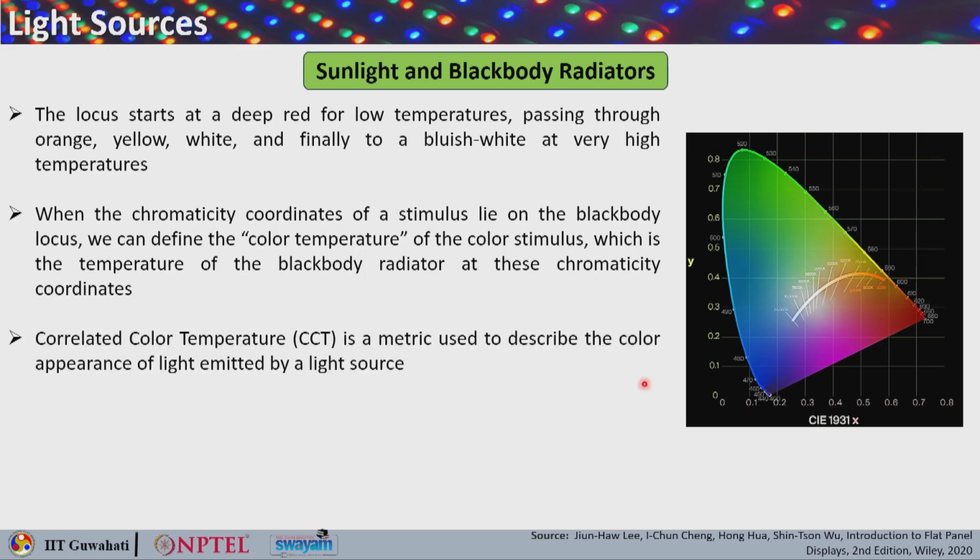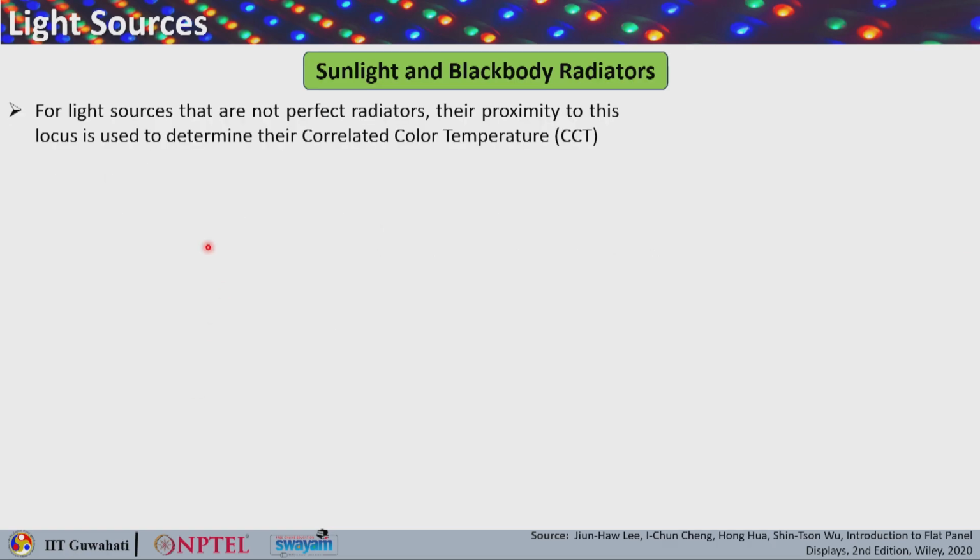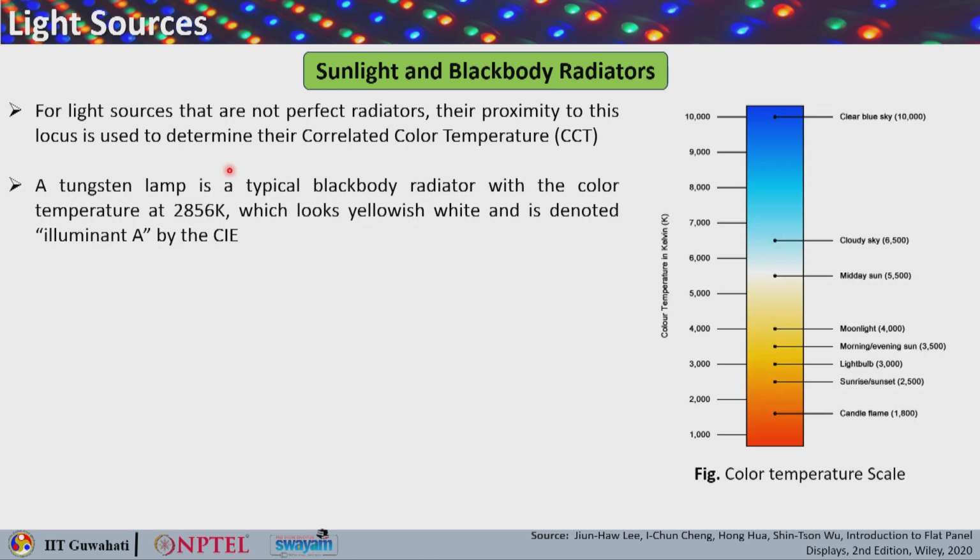There is a concept called correlated color temperature, or CCT. It is a metric used to describe the color appearance of light emitted by a light source. For light sources which are not perfect radiators, their proximity to this locus is used to determine their correlated color temperature.